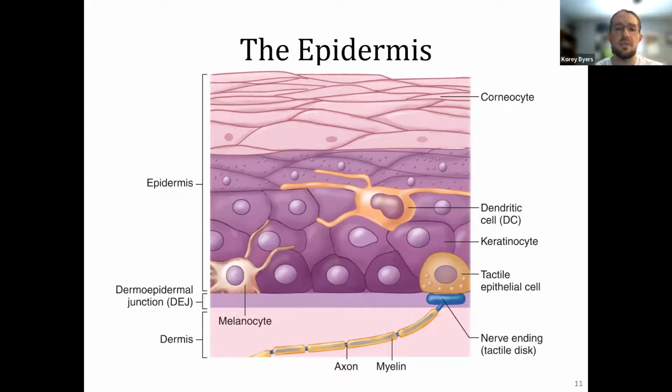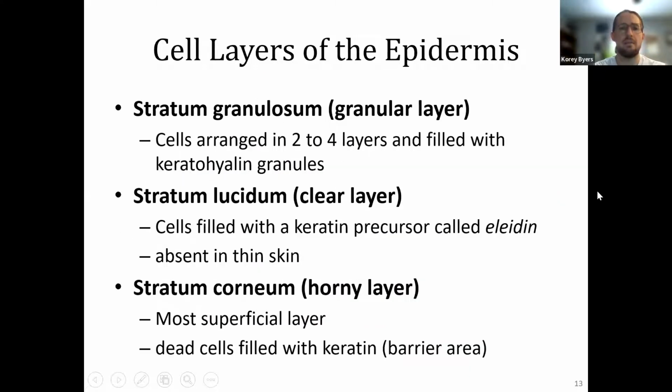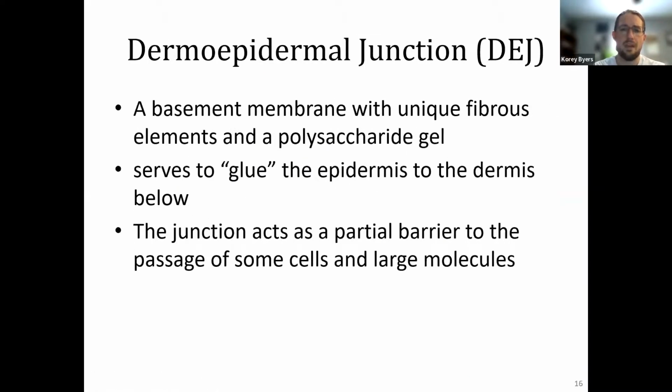Yes, some things can diffuse through, but your dermis is fairly deep. Your epidermis is the superficial layer. If you have a wound or a cut that has made its way through here, that's very deep. And so that's above our muscle layer. And so we need to protect that. And so we have this dermal-epidermal junction that not only connects these two, but acts as that barrier. Obviously, some things can migrate through.